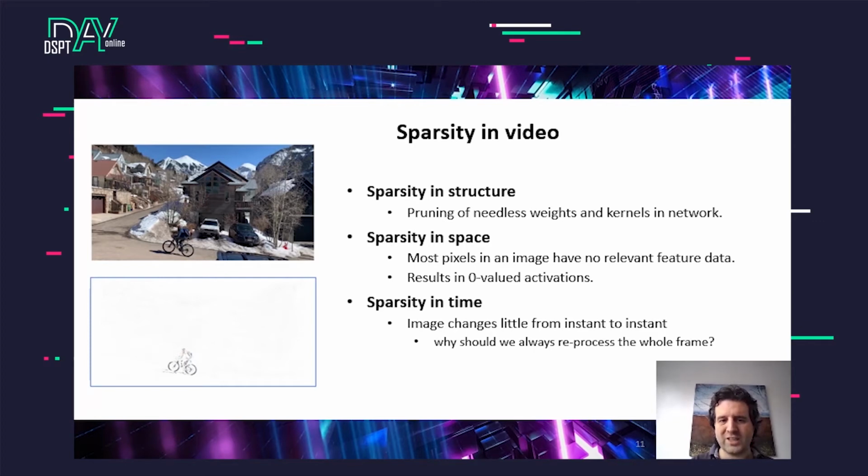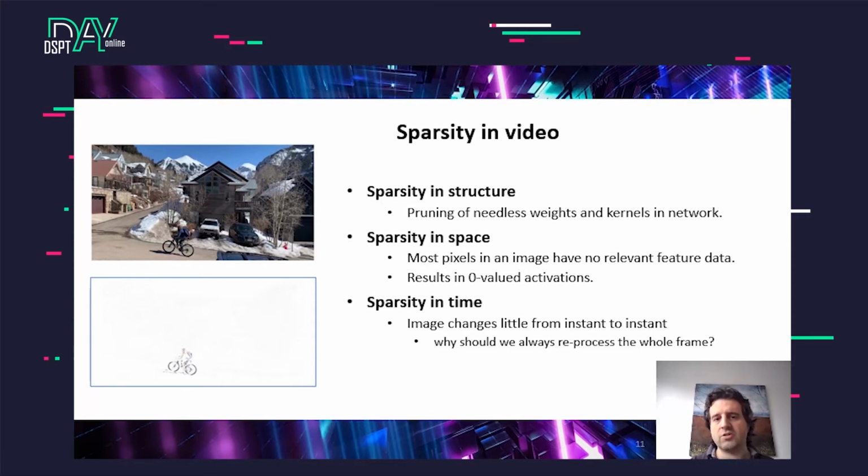If you consider white everything that doesn't change, and other colors things that are changing from the first frame to the next, the only thing that changed was the position of the bike. So essentially this is the only new information that we have in the system that we should be processing, and yet we are going to process this frame over and over again.